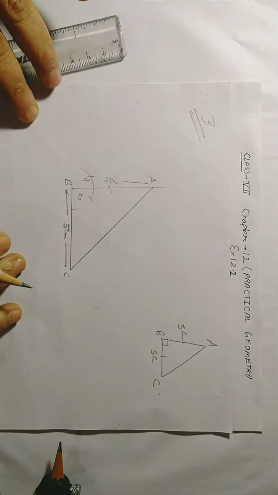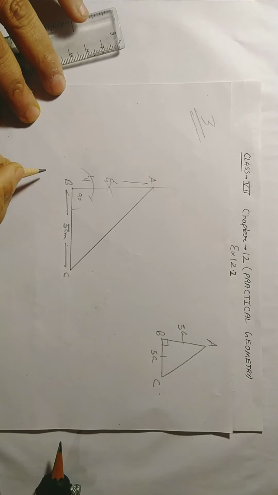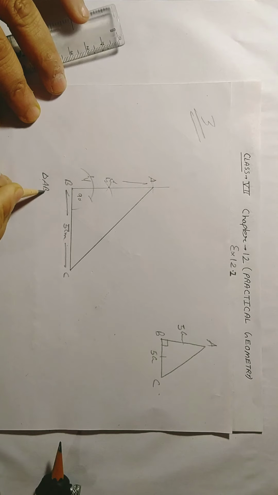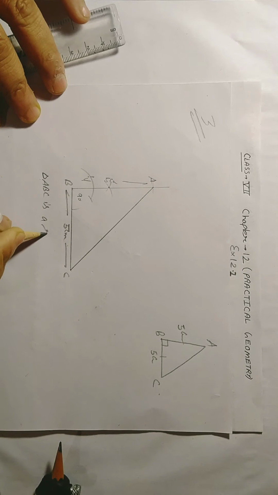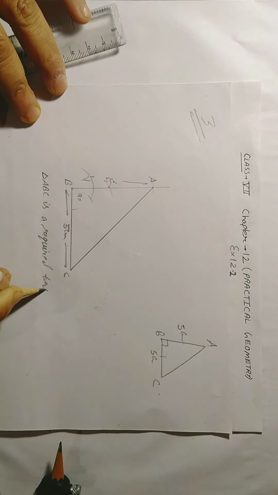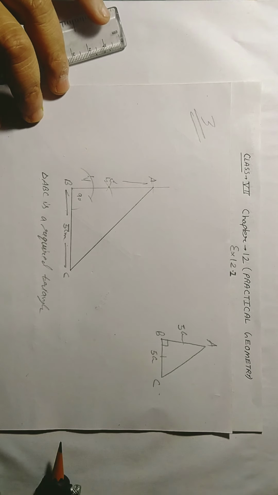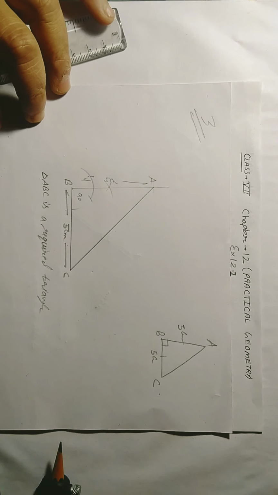So finally we can say that triangle ABC is the required triangle. So I hope question number 3 is clear. Please just try it.